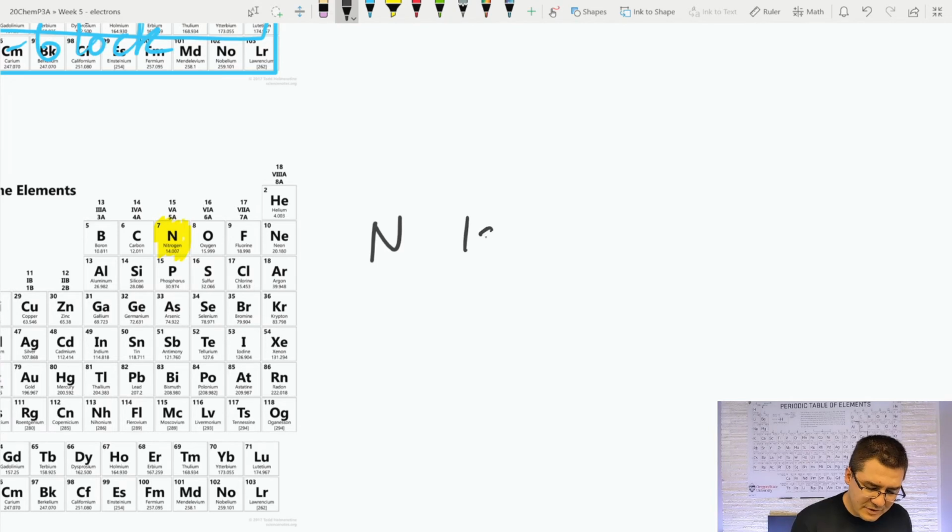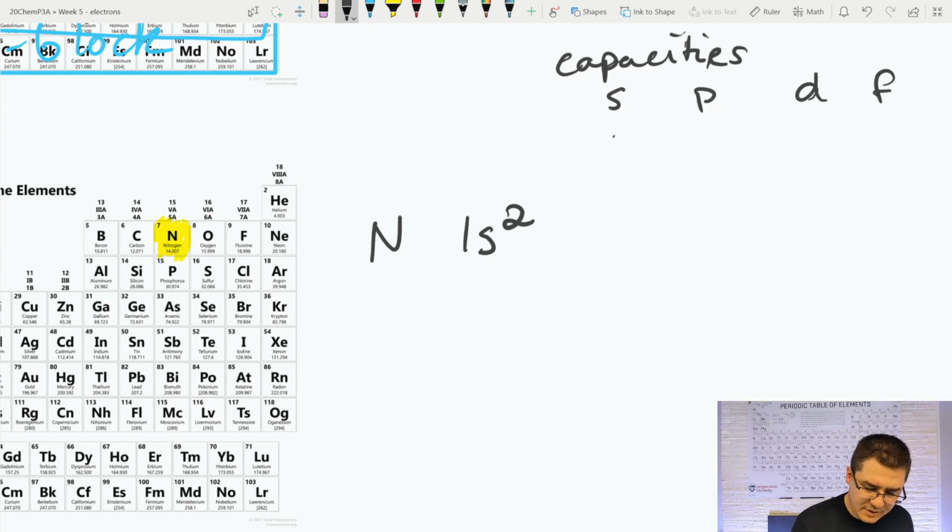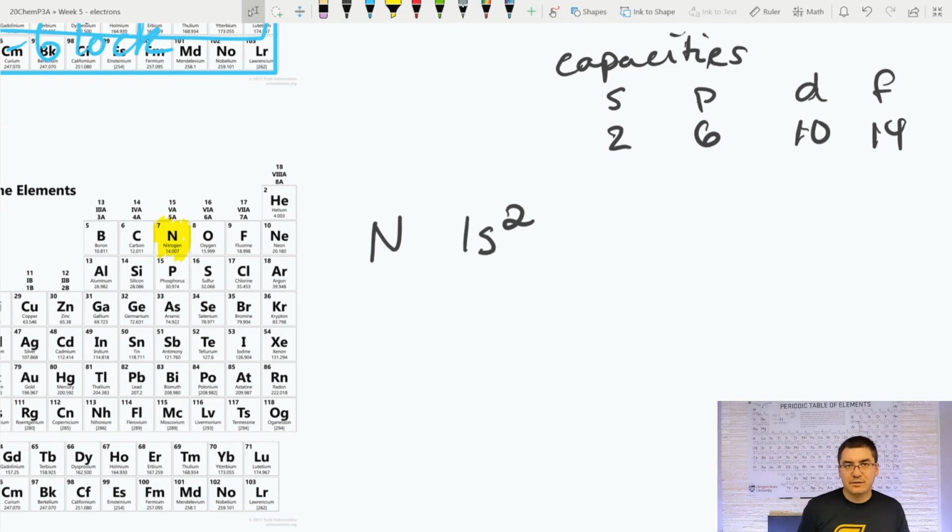The way I'm going to do this is to remember the capacities. S orbitals can hold 2, P orbitals can hold 6, D orbitals can hold 10, and F orbitals can hold 14.